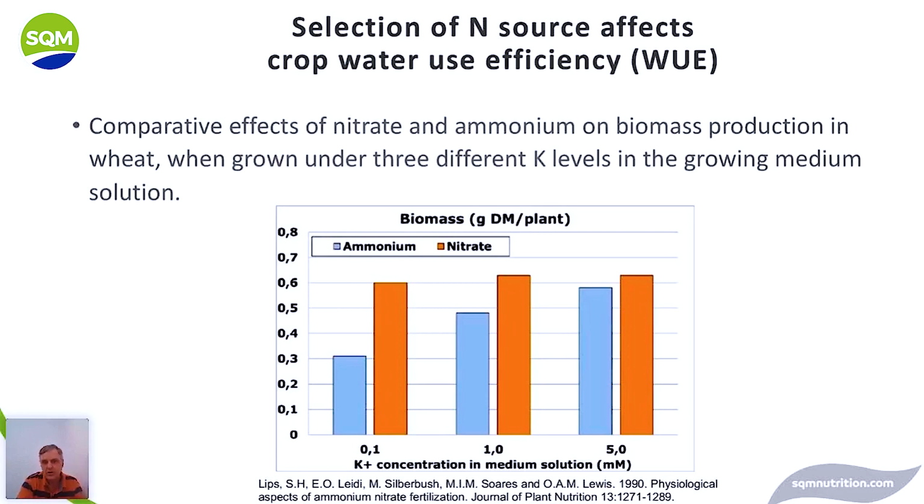The orange column was the amount of dry matter content produced with nitrate in the nutrient solution, even at 3 different potassium concentrations in the nutrient solutions. So you can see that the dry matter production is higher when we have nitrates in solution in comparison with ammonium.